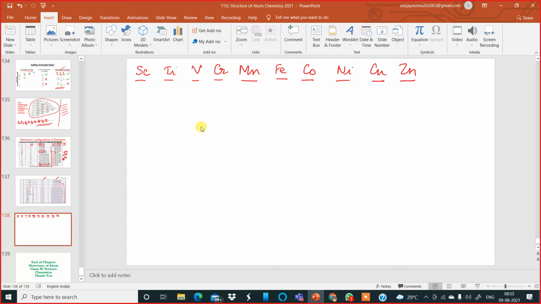This will benefit you. It will never harm you. Scandium, remember its atomic number is 21. This is 22, this is 23, this is 24, 25, iron 26, cobalt 27, nickel 28, copper 29, zinc is 30.